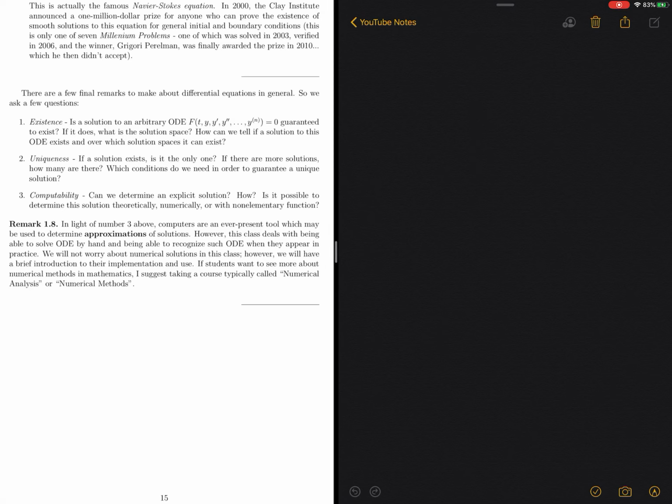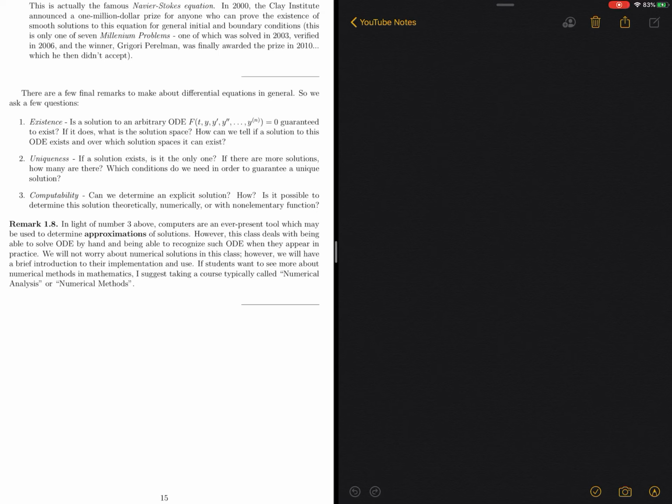And even if it does exist, can you tell me anything about its solution space, the domain over which it is defined? Can you tell me which solution spaces it can exist over? Or is there some sort of exclusion in the domain that we don't know about just by looking at the differential equation?